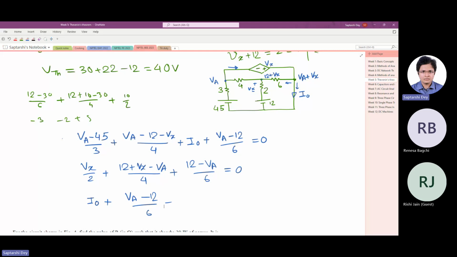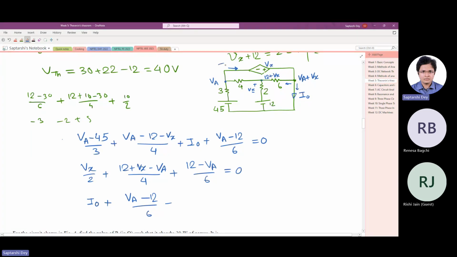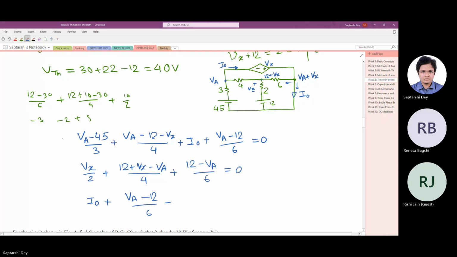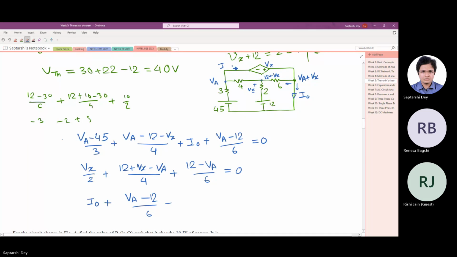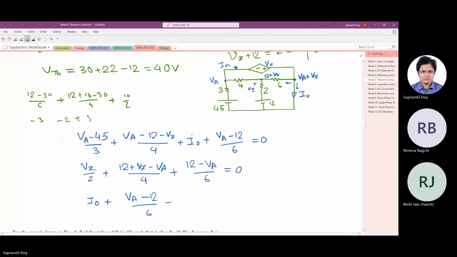Can you tell me the three equations? Which equations you wrote? I already said to you, I did using that super node only, sir. Okay, so you assumed one current here, like this. Yes, sir.